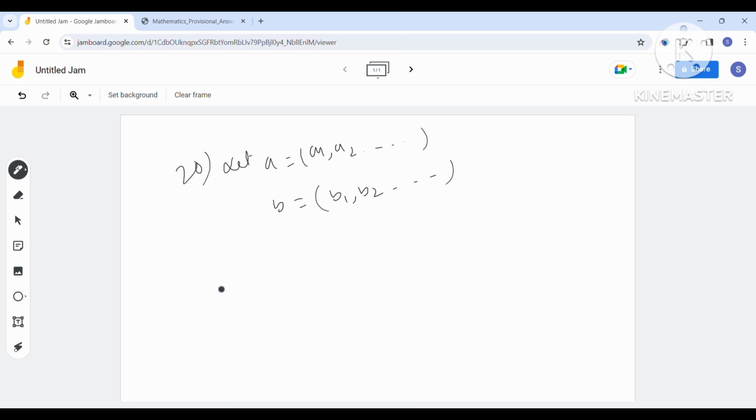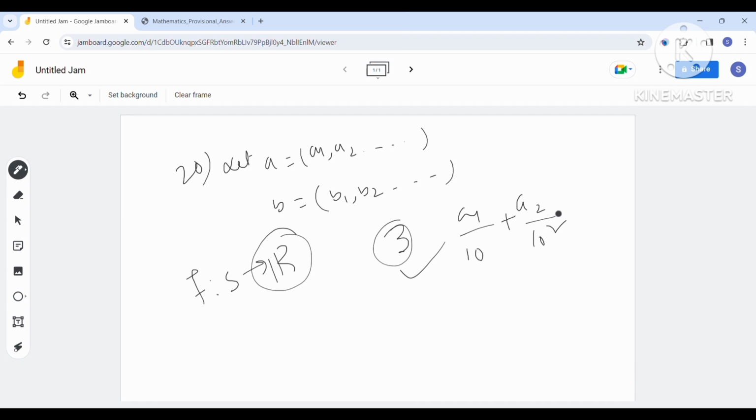Surjectivity is clearly discarded because f is given from S to R, where S is the set of all real sequences, right? It's given to R. So if you choose any real number, say 3, then you can see that it cannot have any pre-image, because here all the terms a1 by 10, a2 by 10 square, where a1, a2 are all either 0 or 1, mean that the sum on the right side is clearly less than or equal to 1.